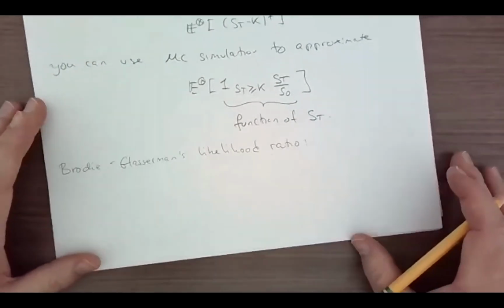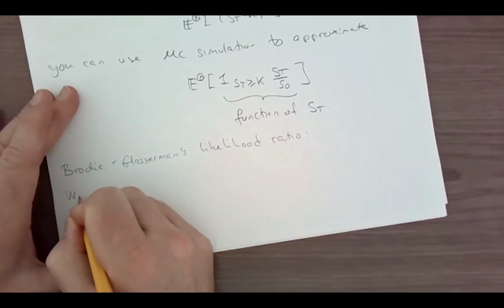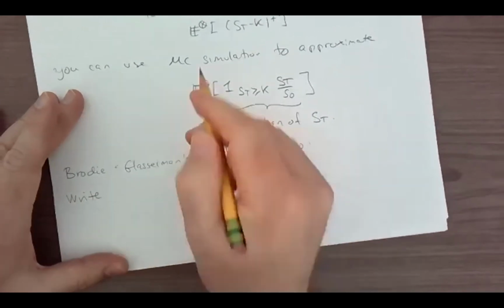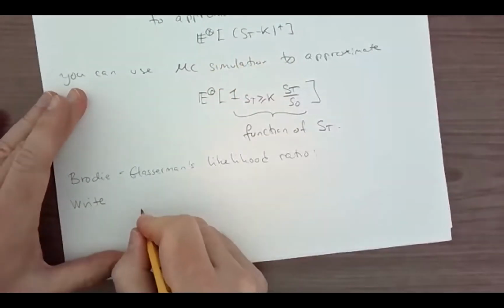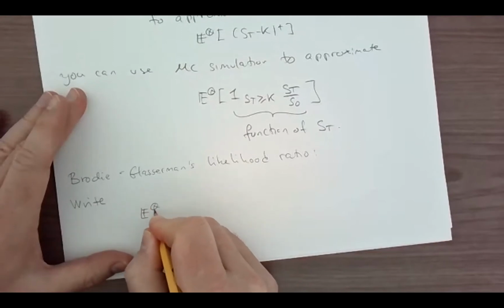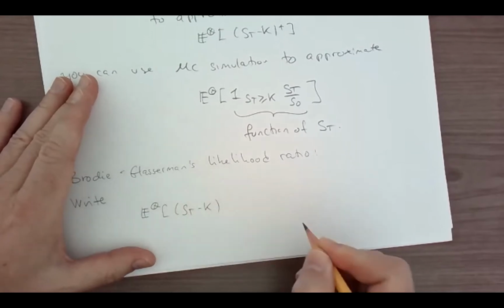So what is that method about? Well, you write this expectation that you're interested in in terms of the density, right? So write this expectation here as an integral over the density.